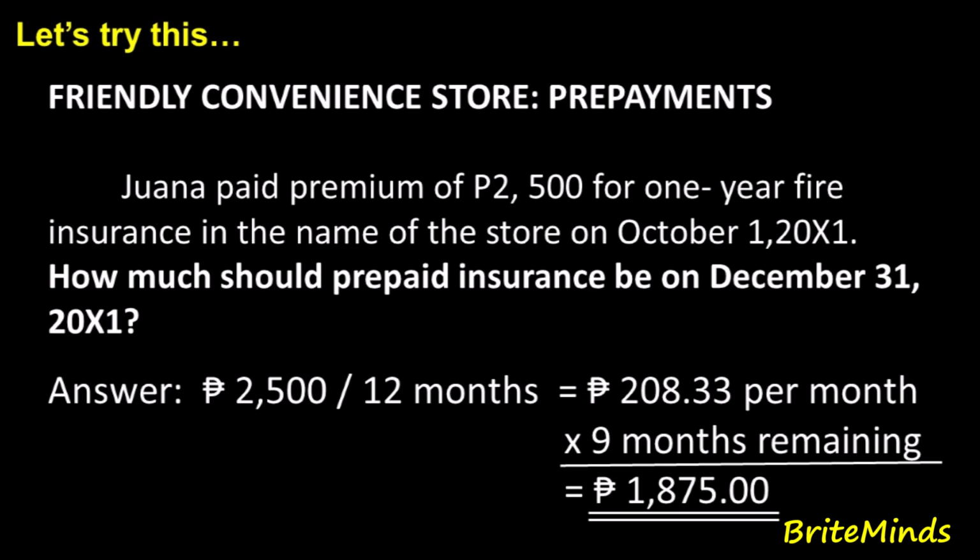And since the 3 months from October to December 31, 20X1 had already been used, there are 9 months remaining. So we multiply the 9 months to the amount per month. 208 pesos and 33 centavos per month multiplied by 9 months remaining.